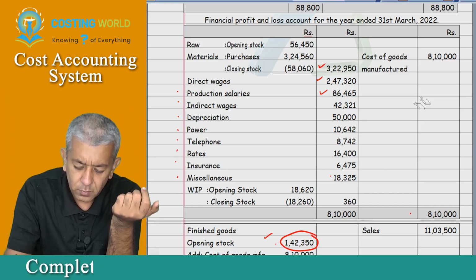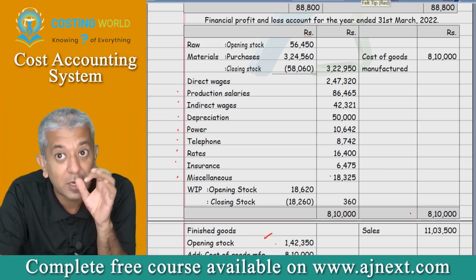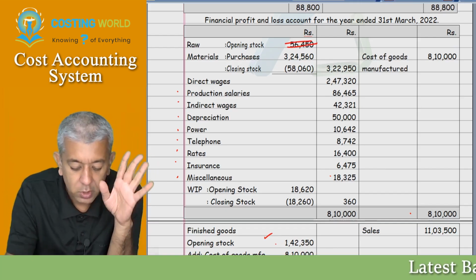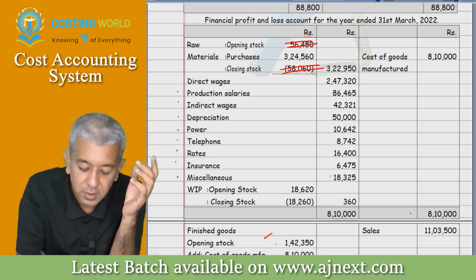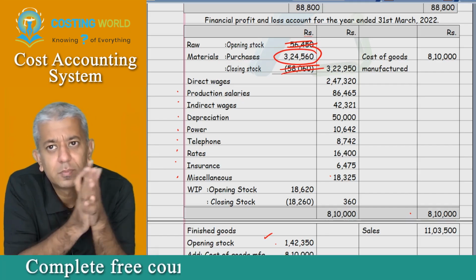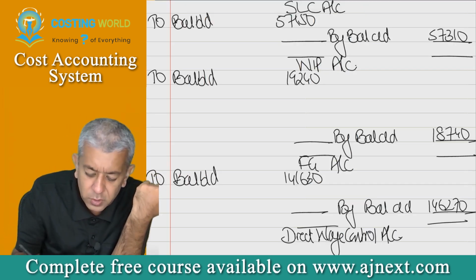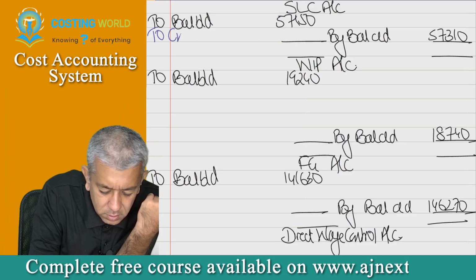Now, I want transactions that happened. See, opening stock and closing stock we took as per costing. Further, can you say purchases is a transaction that happened? Yes, sir. So we should be recording purchases now. Pass your entry: SLC account debit to creditors.